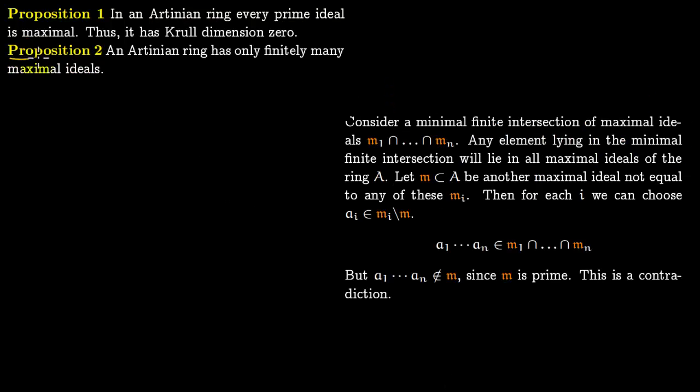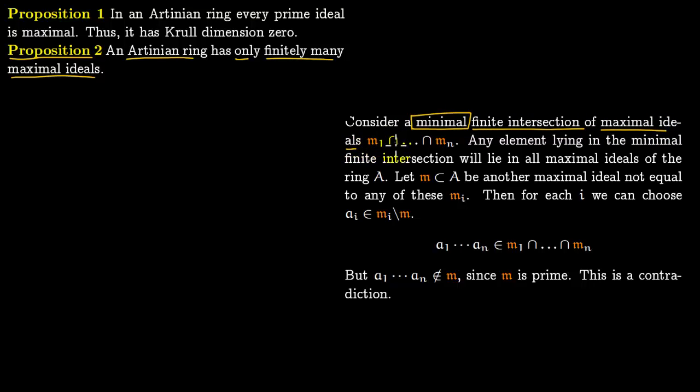So now we come to proposition 2. Here we are saying an Artinian ring has only finitely many maximal ideals. So consider a minimal finite intersection of maximal ideals.